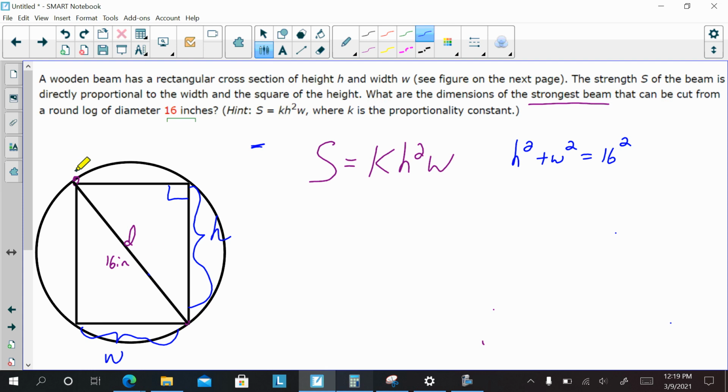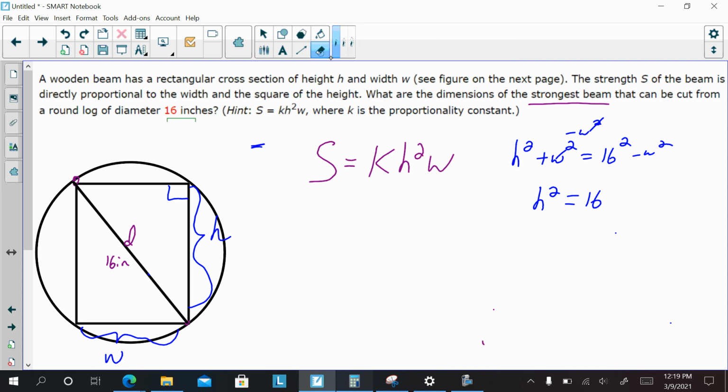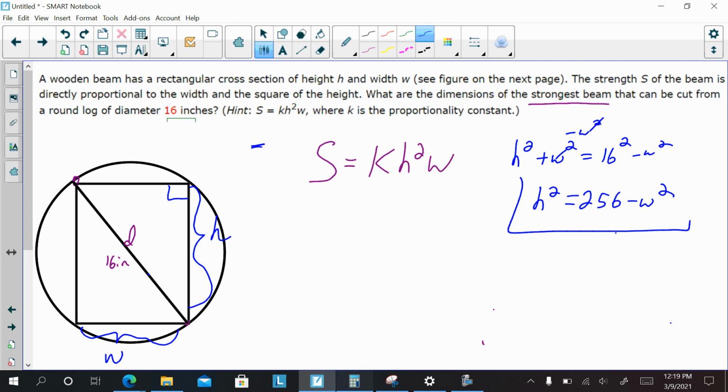Since this is H squared here, let's solve this for H squared. If we subtract W squared from both sides, H squared is 16 squared, and 16 squared is 256, minus W squared. So this is our secondary equation.